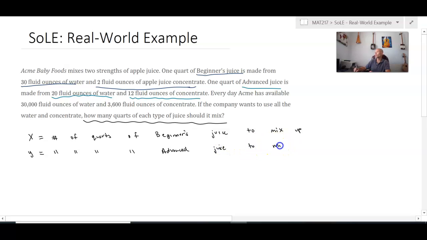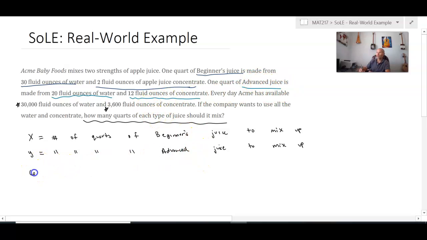to mix up. And what's going to keep us from arbitrarily picking, I'm going to make 40 quarts of beginner's juice and 100 quarts of advanced juice? Well, we have limitations. We have one limitation here, 30,000 fluid ounces of water, and we have 3,600 fluid ounces of concentrate. And we know that every quart of beginner's juice is going to use up both water and concentrate, as is advanced juice.